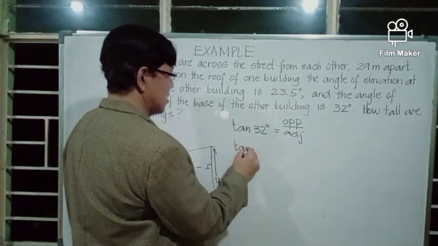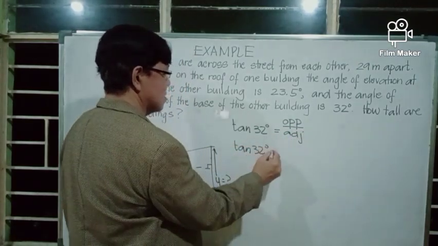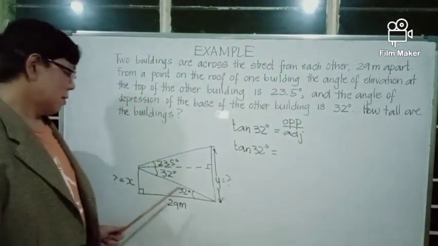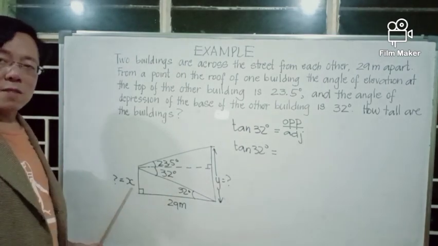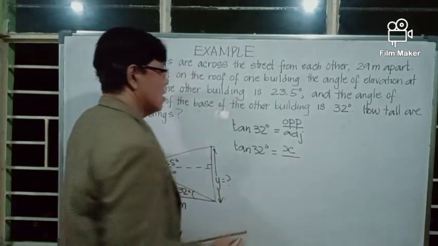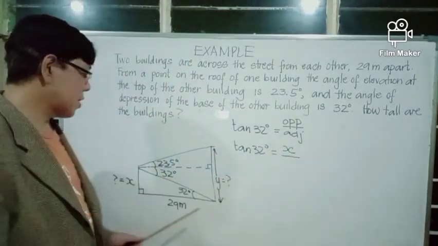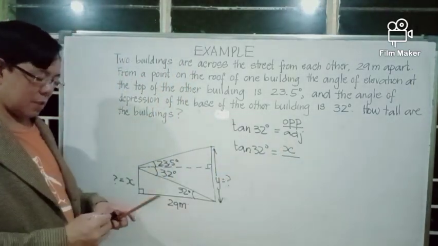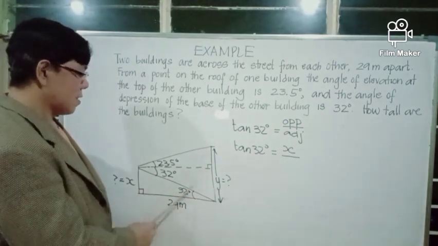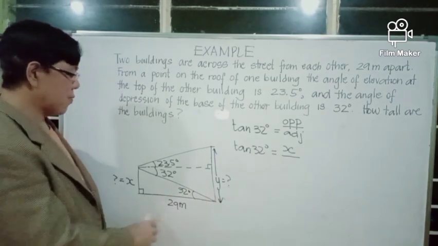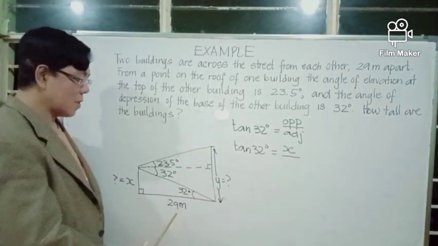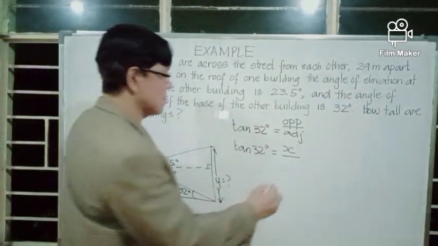So tangent of 32 degrees: the side opposite 32 degrees is x, and the side adjacent to 32 degrees, the side of this right triangle that makes 32 degrees with the hypotenuse, has a length of 29 meters.